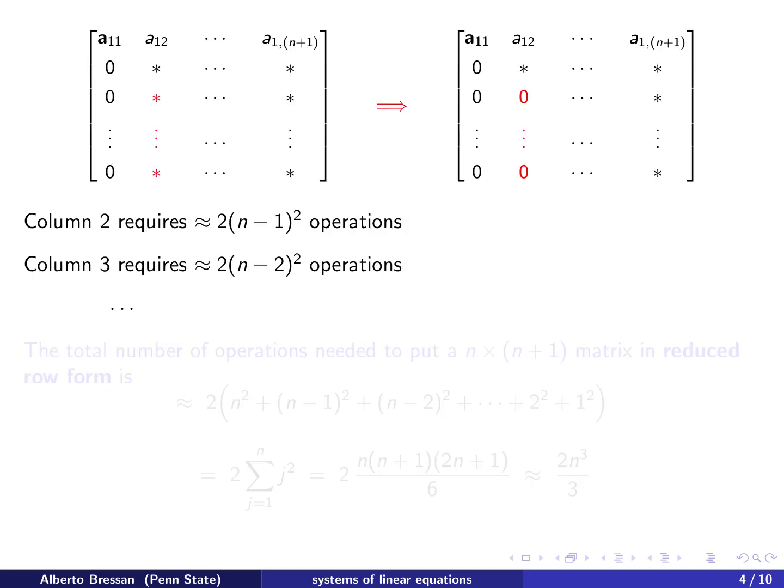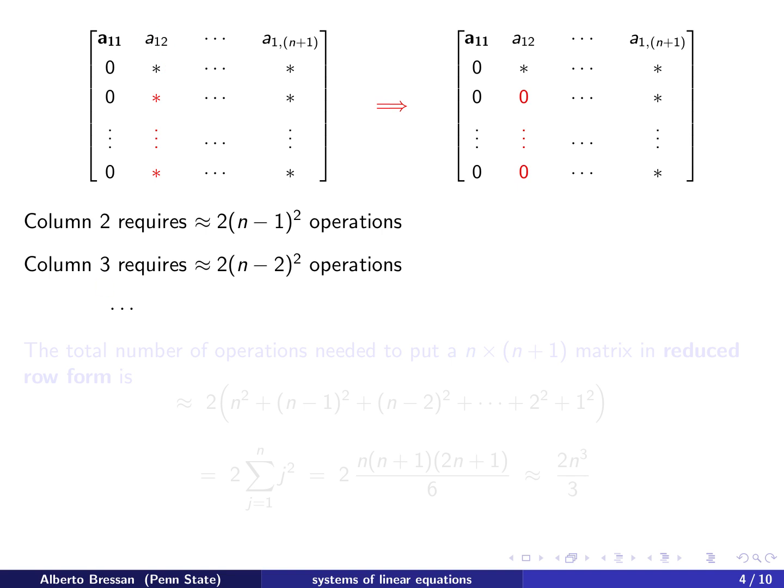Okay, so we can carry out the same counting for column number 2 and column number 3, and so on and so forth. With the same kind of argument, we conclude that for column 2, it will take approximately 2 times n minus 1 square operations, because it's a little bit smaller an area you cover.